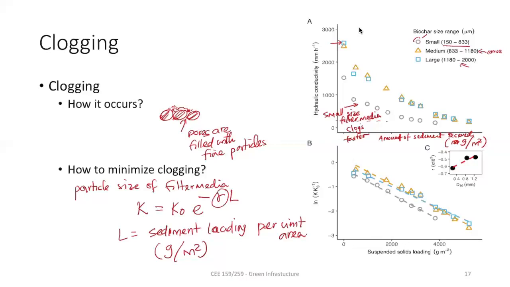R is a coefficient that determines the interaction of the sediments with the particulates. R is a function of particle size, where D means the size of the filter media and small d is the size of the sediments that you receive. If you have larger sediment, they will clog faster. It also depends on the interaction force between the sediments and your filter media.